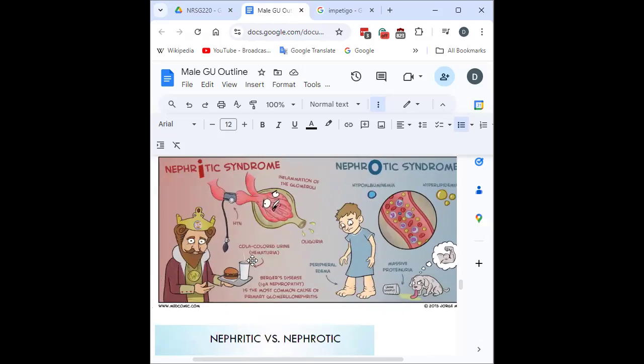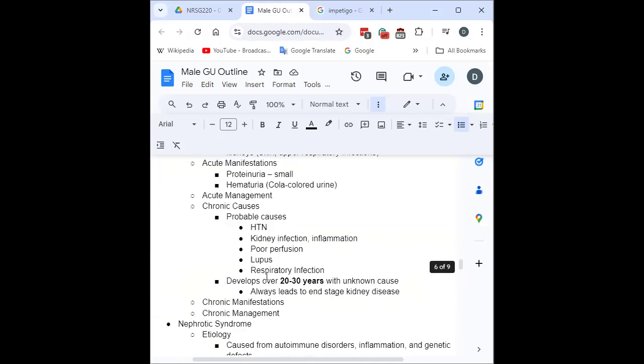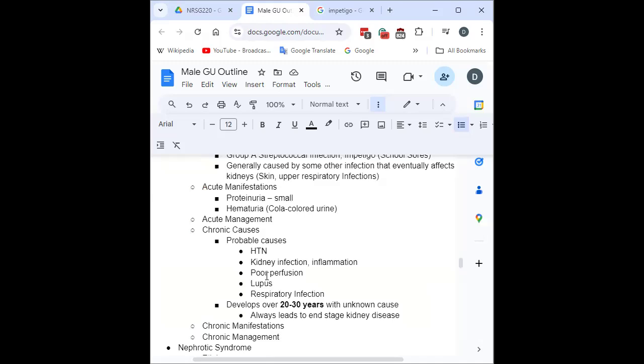He has Coca-Cola colored urine. Although the reason he's here is for something extra that we don't really need to know. It's called Buerger's disease, but it doesn't really matter. I just like him having the Coca-Cola because that reminds me of that phrasing. I don't want you guys to see cola colored urine and not understand what it's referring to.